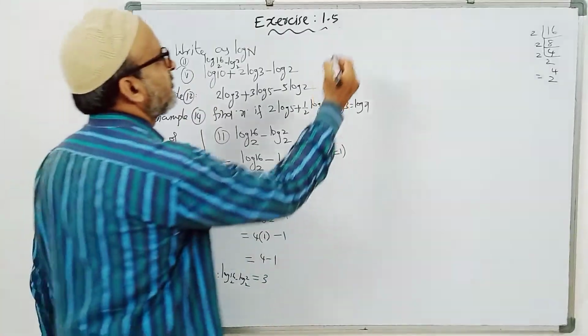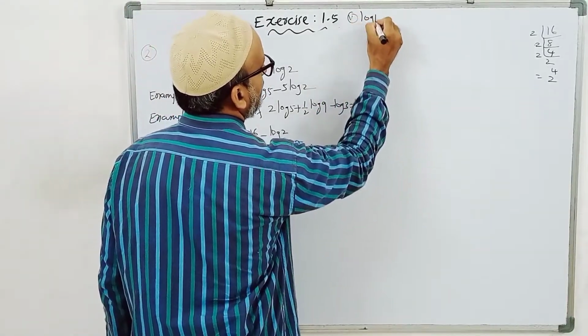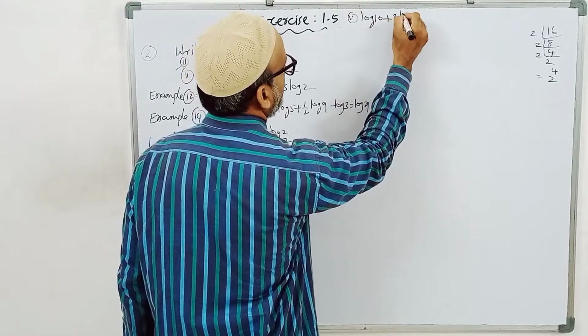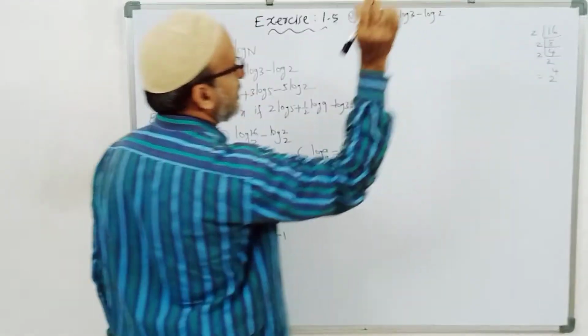Next is the fifth bit: logarithm of 10 plus 2 logarithm of 3 minus logarithm of 2 is equal to.